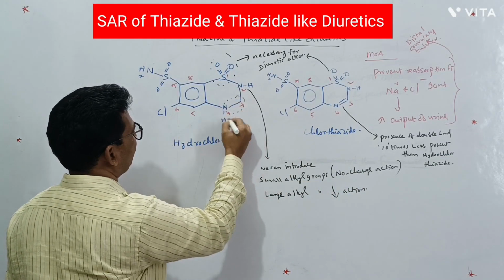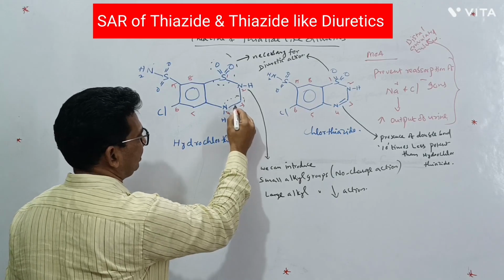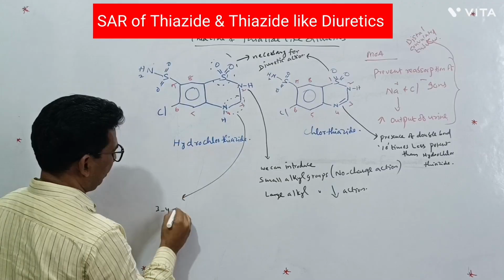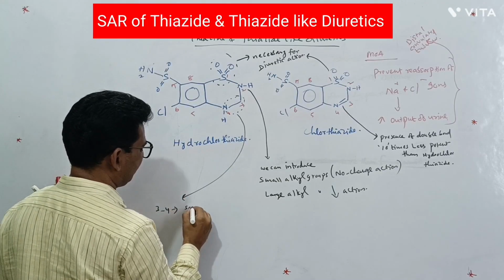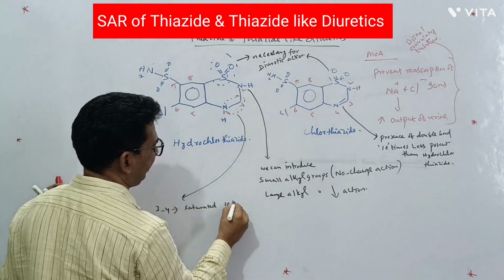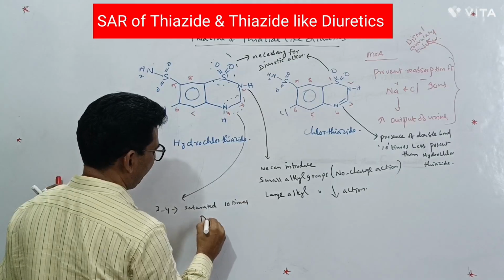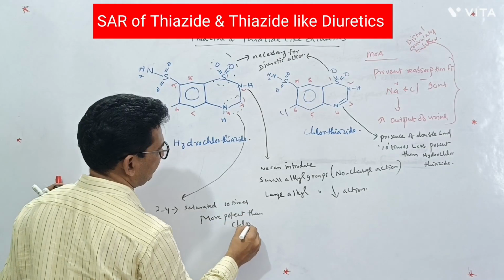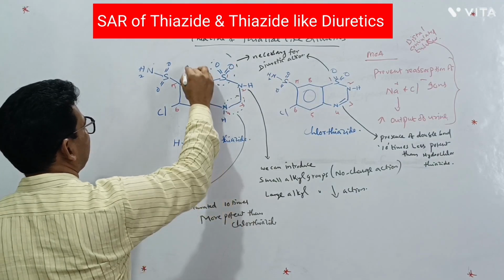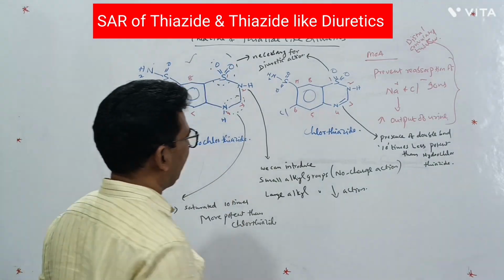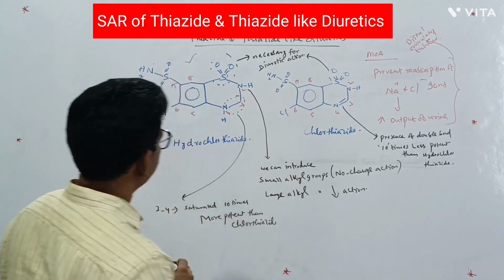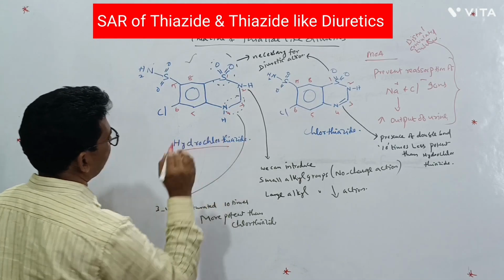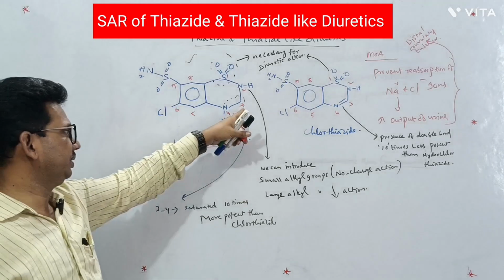The saturation between the third and fourth position makes it 10 times more potent than chlorothiazide. It means it is more diuretic compared to chlorothiazide. Hydrochlorothiazide is the saturated one. This is about the third position.